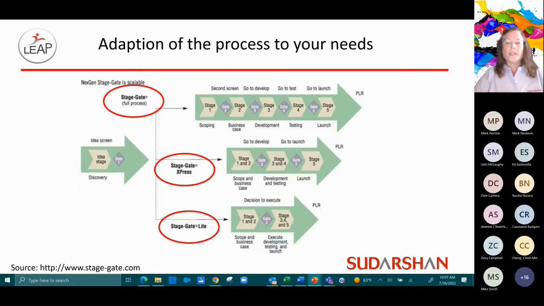So these are typically done when we take an existing product and we want to modify one of the properties to get to a new place for that new product. There's a lot that's already known about that product, so a lot of the stages can be compressed and the timeline shortened by using the stage gate light process.